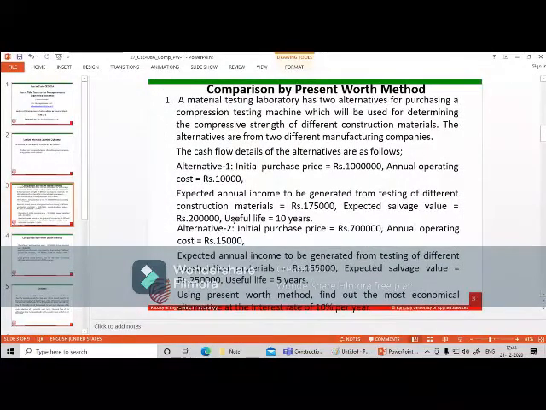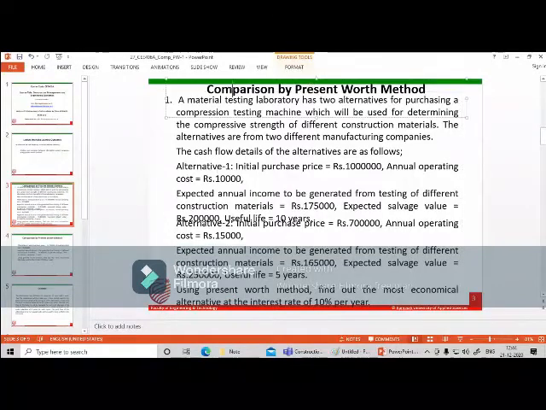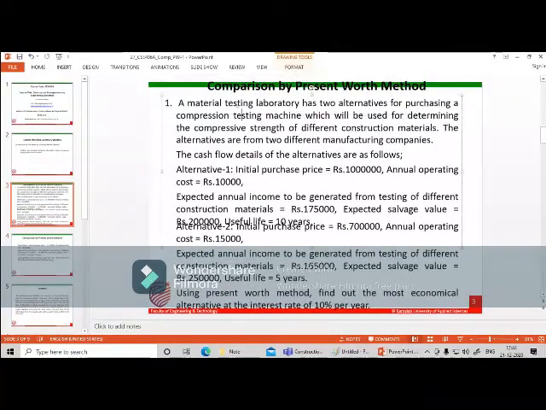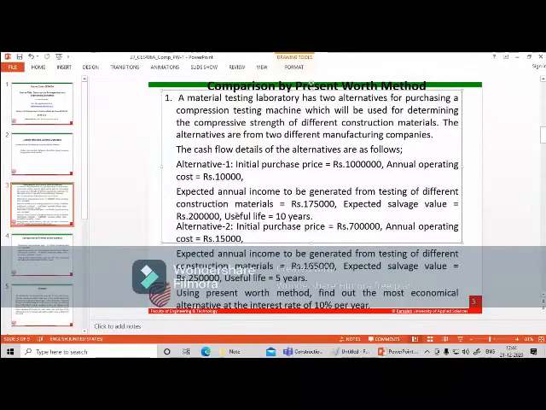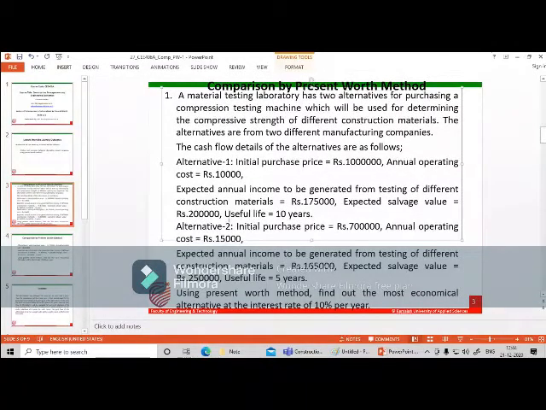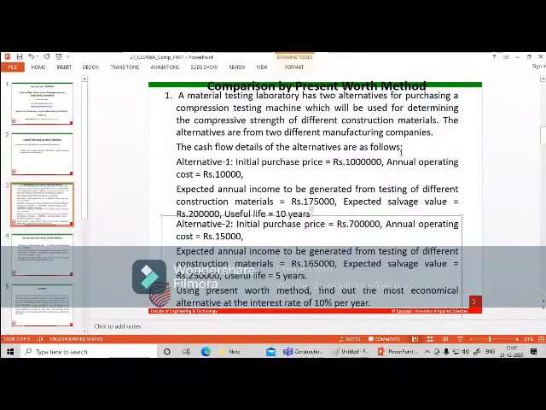There are two alternatives. A material testing laboratory has two alternatives for purchasing a compression testing machine, which will be used for determining the compressive strength of different construction materials. The alternatives are from two different manufacturing companies. The cash flow details of the alternatives are as follows.